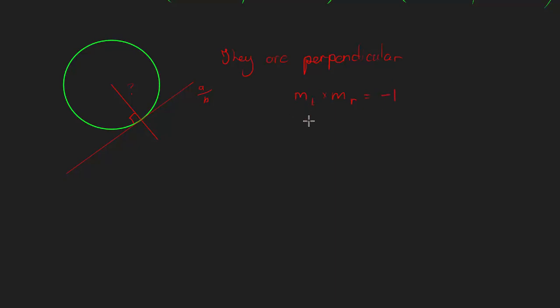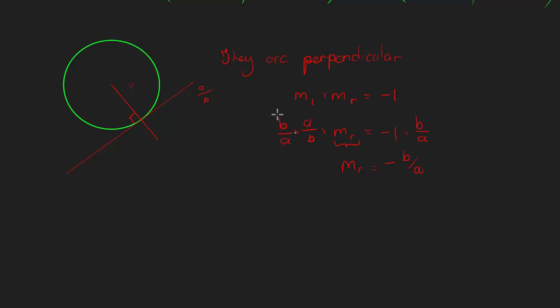So if the gradient of the tangent is a over b, multiply that by the gradient of the radius and get -1. I want the gradient of the radius, so I multiply both sides with the reciprocal so that I can cancel it away. So the gradient of the radius is -b over a.